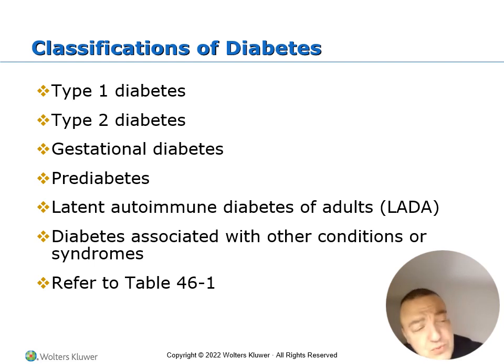There is a new type 3 diabetes that I was just made aware of. The research is out there, and in the notes on these slides when I post them, there is a link to NIH.gov regarding type 3 diabetes.